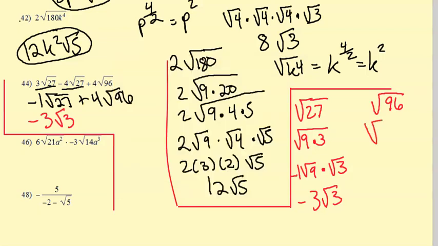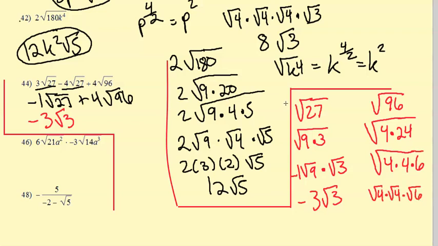The square root of 96 is the same thing as 4 times 24. 24 is the same thing as 4 times 6. So we have the square root of 4 times the square root of 4 times the square root of 6. 2 times 2 times the square root of 6, 4 square root 6.